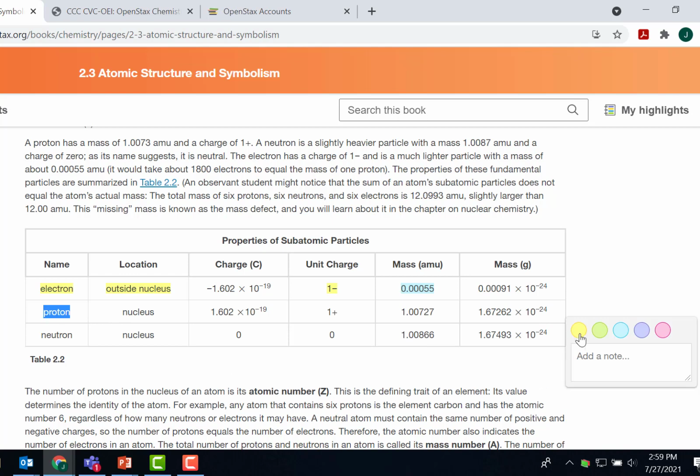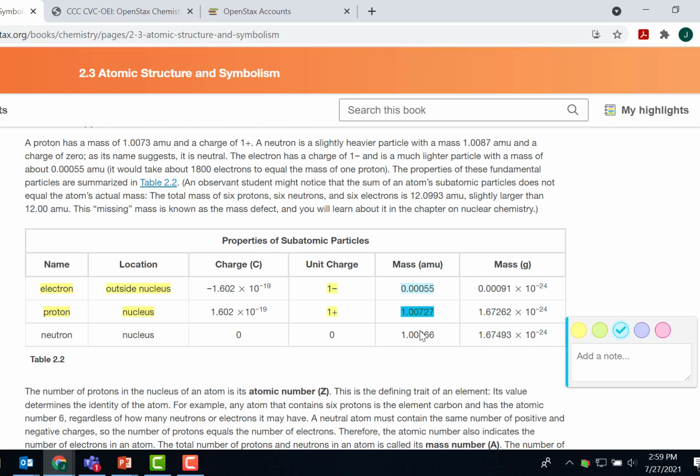The other particles we need to know, we have the proton. It is located in the nucleus, and it has a positive charge. Turns out the charges of the proton and electron are exact opposites. So +1 for proton, -1 for electron. For the mass, again, I'm going to do this.